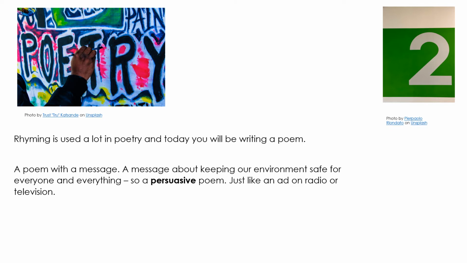Now, rhyming is used a lot in poetry, and today you're going to be writing a poem with a message about keeping our environment safe for everyone and everything. So it's a persuasive poem, just like an ad on the radio or television.